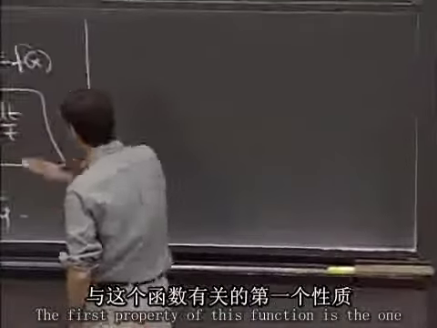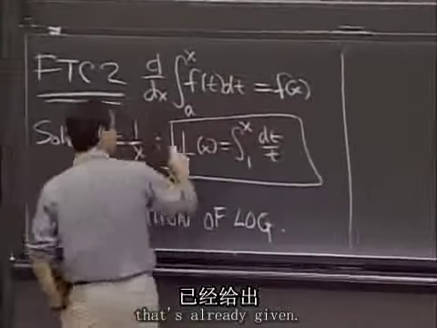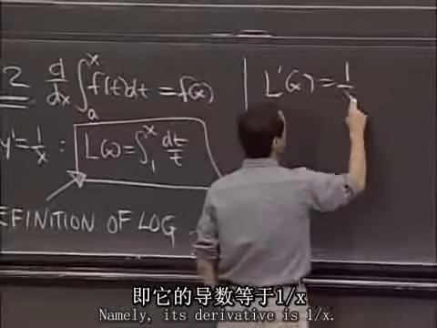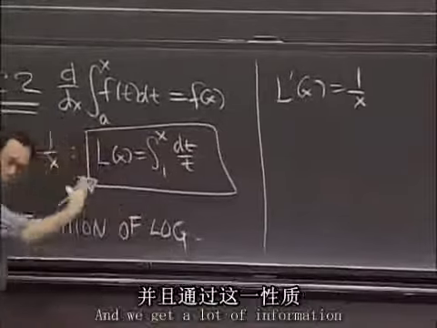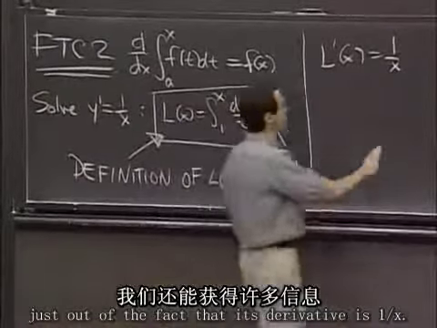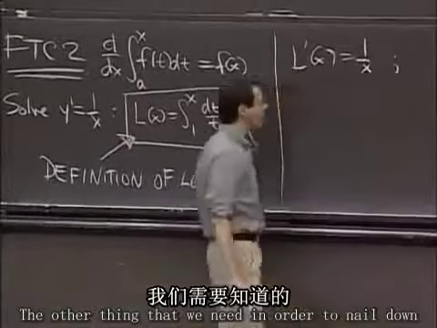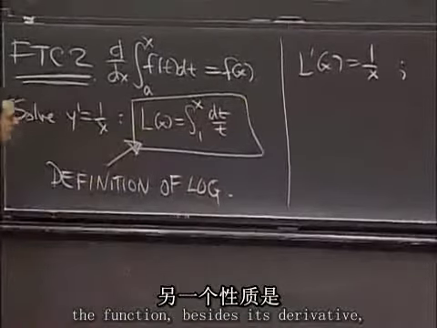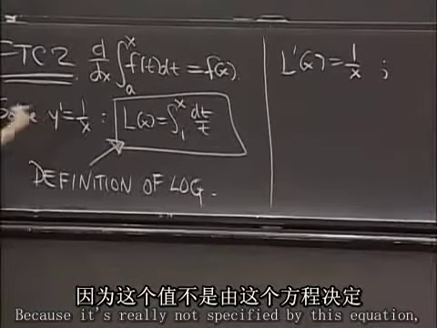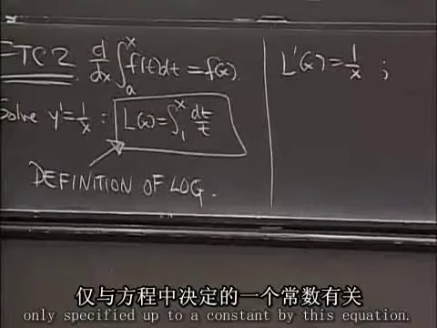The first property of this function is the one that's already given, namely its derivative is 1 over x. And we get a lot of information just out of the fact that its derivative is 1 over x. The other thing that we need in order to nail down the function, besides its derivative, is one value of the function, because it's really not specified by this equation, only specified up to a constant.